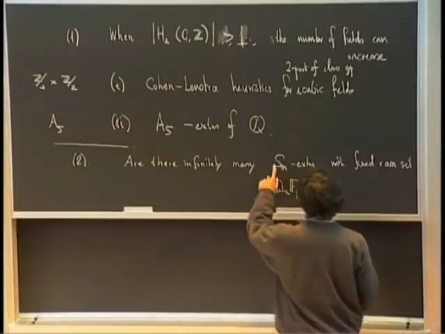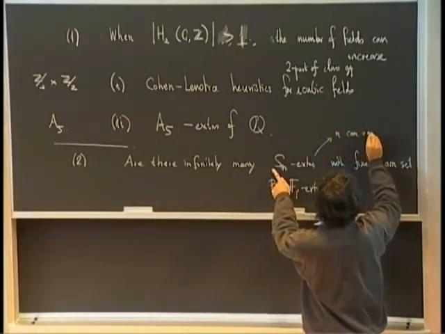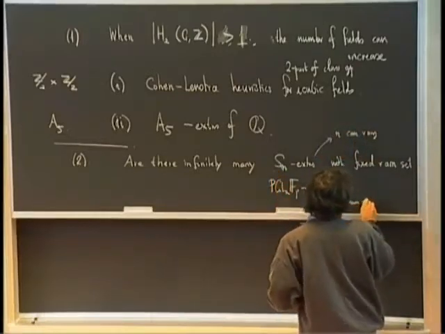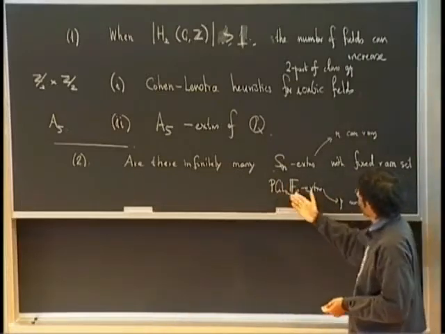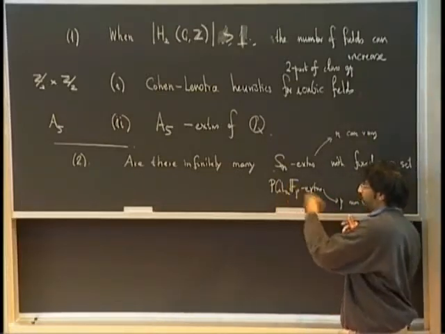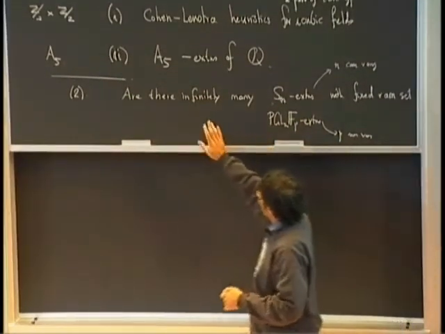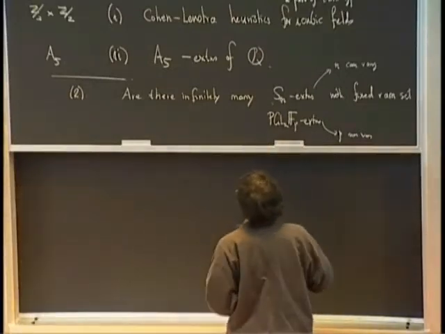So in both, here n can vary, and here p can vary. So the kind of question is, does the Galois group unramified outside 2 and 3 have infinitely many quotients of the type PGL2 FP for some p? Okay. Oh yeah, I'll discuss this over Q.